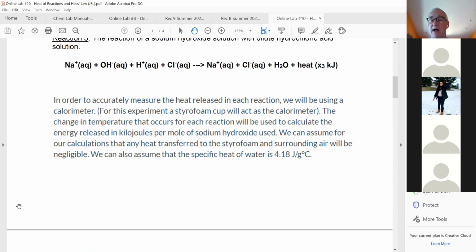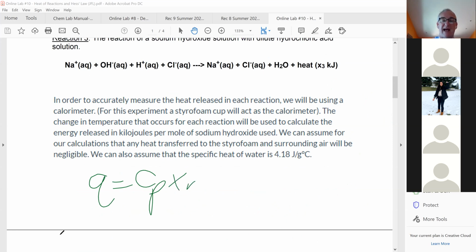And we're going to calculate how much heat is evolved using our old friend Q equals Cp, and we're going to be doing it in water, so we're going to be using the specific heat of water times whatever mass of water we're using in our reaction times whatever change in temperature we see for each of the 3 reactions.